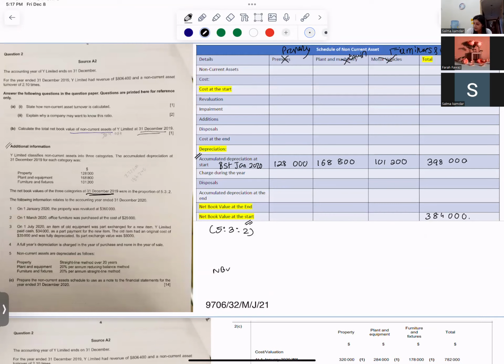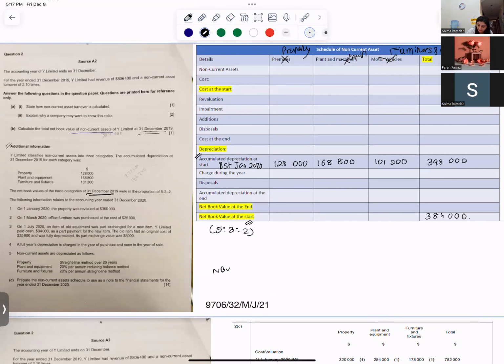And this was in the ratio of 5:3:2. So can you tell me the net book value of property, equipment, and furniture? Okay. For property, it's 192,000.